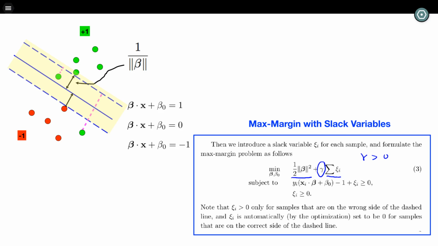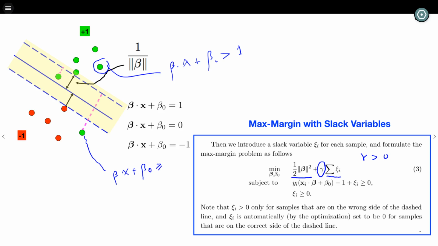So what is the error psi i? For the green points like this, we know they correspond to beta x plus beta 0 strictly bigger than 1, right? Because they're on the correct side. Now, for those two points, for example this one, you know this one is not bigger than 1.